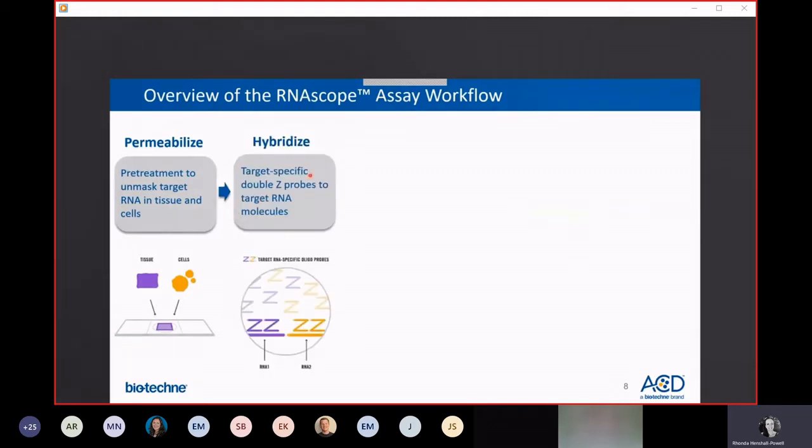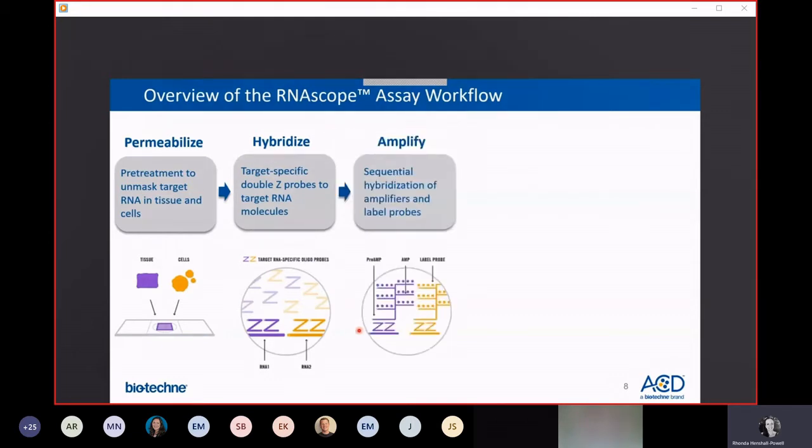After pre-treatment, the probes are hybridized onto the sample in a 2-hour-long 40 degrees Celsius hybridization step. All RNAscope probes behave the same way, so there's no need to optimize the hybridization time or temperature for each probe. And once the target probe is bound to target RNA, signal is detected with a series of amplification steps that build this sort of amplification tree structure on top of the oligonucleotides that make up the probe.